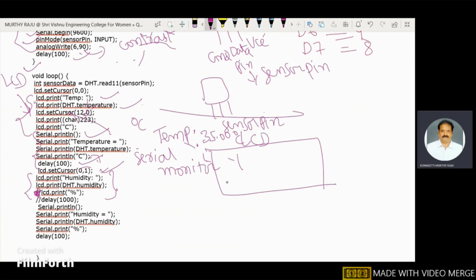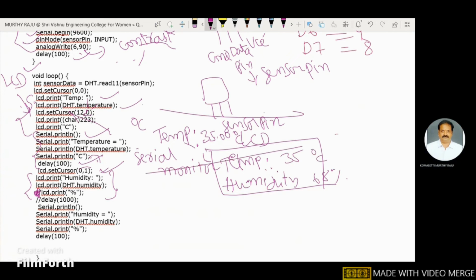The humidity is printed on the second row, in terms of percentage, say 60. The temperature is printed on the first row with a value of 35 degree centigrade.